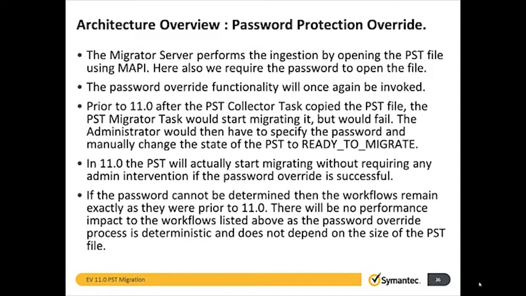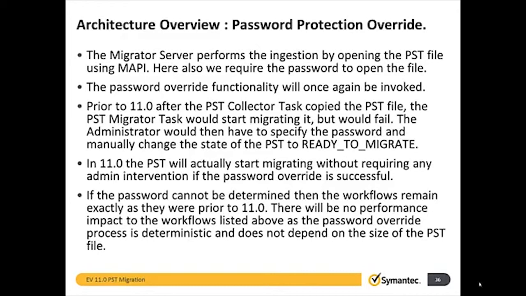The migrator server performs the ingestion by opening the PST file using MAPI. Here we also require the password to open the file. The password override functionality will once again be invoked if required. Prior to EV11, the PST collector task would have copied the file, and the migrator task would start migrating it, but it would fail.